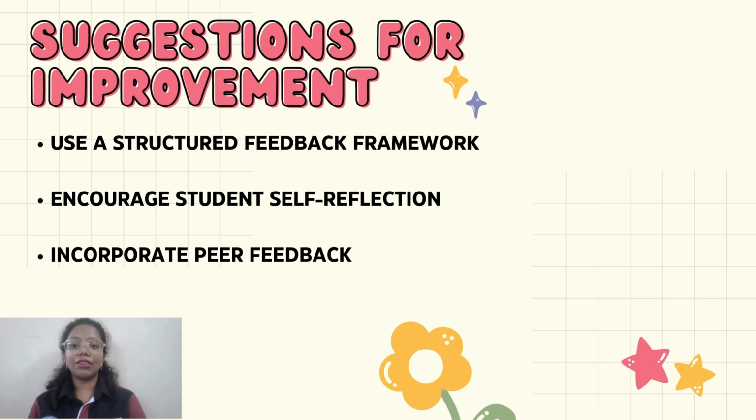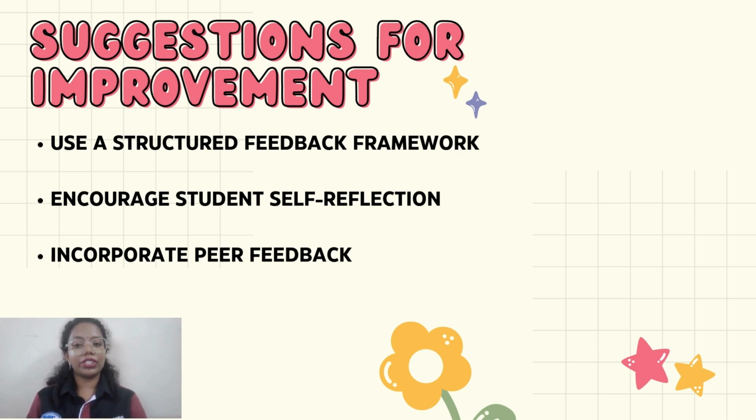So instead of saying good job, a teacher might say, during the group discussion, I noticed you shared your ideas clearly, which helped your classmates understand the topic better. So in this, we can see there is a situation, behavior, and impact. So these components provide clarity, making the feedback more actionable.